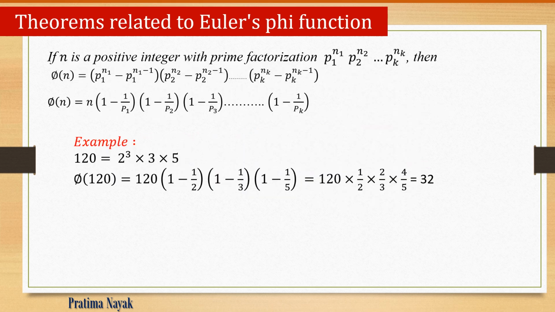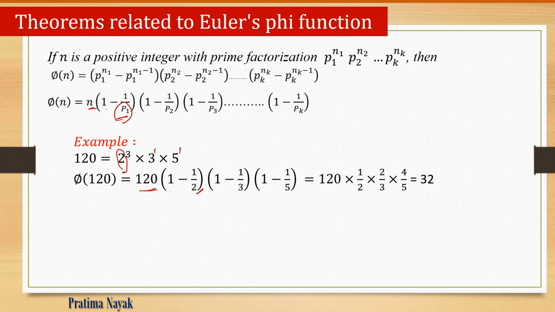So let us take some examples. For example, 120 can be written as 2 power 3, that is 8, into 3 into 5. That means here p1 is 2, p2 is 3, and p3 is 5. Here n1 is 3, n2 is 1, n3 is 1. So when I write phi of 120, it will be n, which is 120, multiplied by 1 minus 1 over p1, that means 1 minus 1 over 2, not power 3.